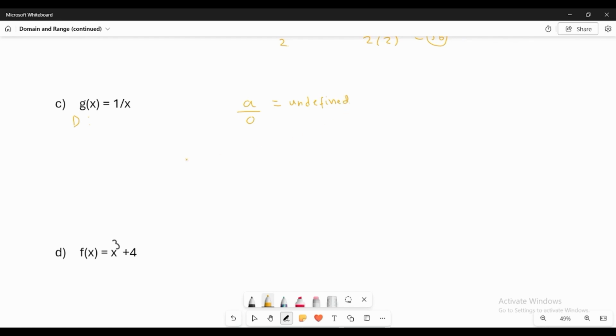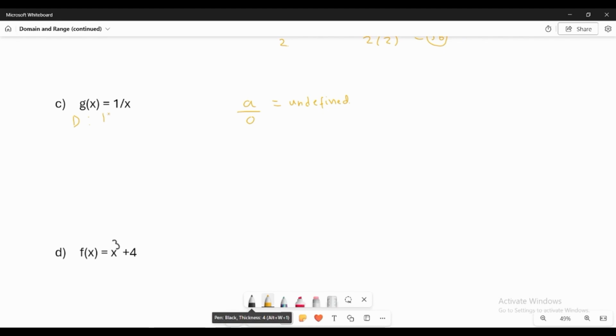X can be 1, 2, -1, -2, right? Anything. But x cannot be 0 here. Always remember that whenever you have a function of the form of a fraction, make sure that your denominator is never equal to 0, because that will result in an undefined answer.